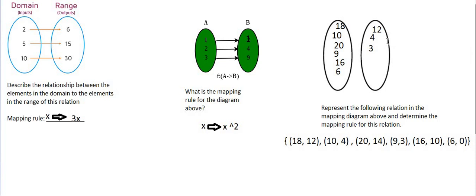That should come first. 14, 3, 10, and 0. So we have all of our values for the domain. Let me not forget to state which is which. This is the domain circle, or we can say x, whichever suits you best. You can put x and y, or domain and range.